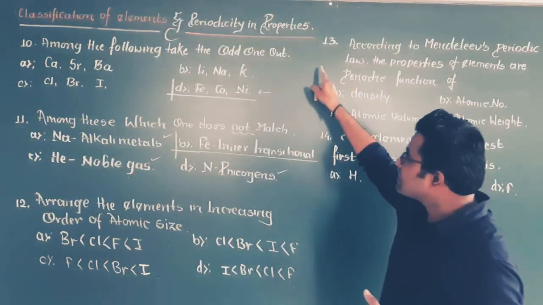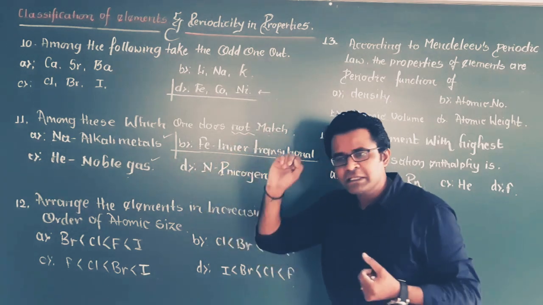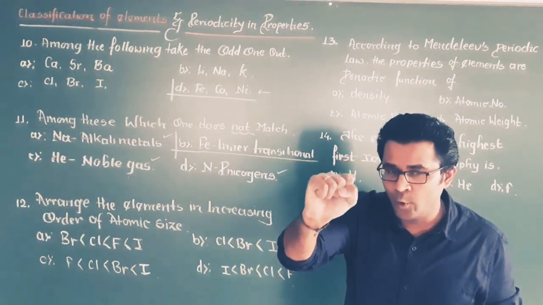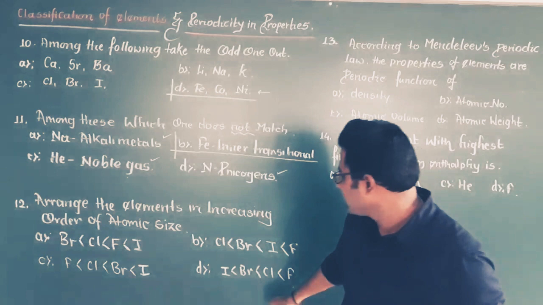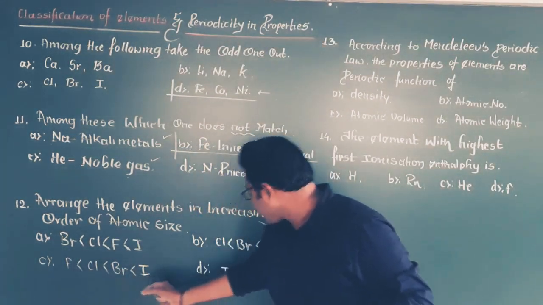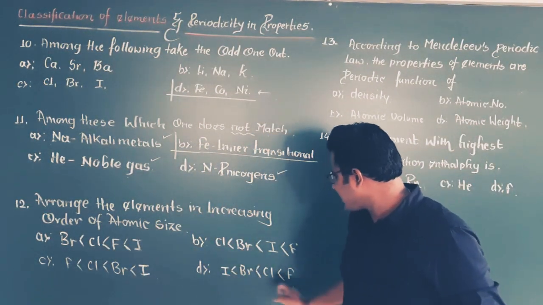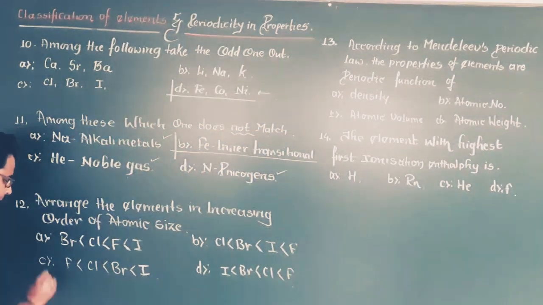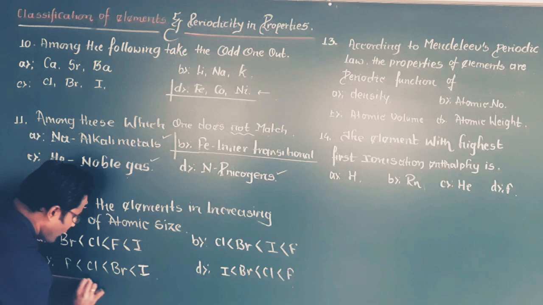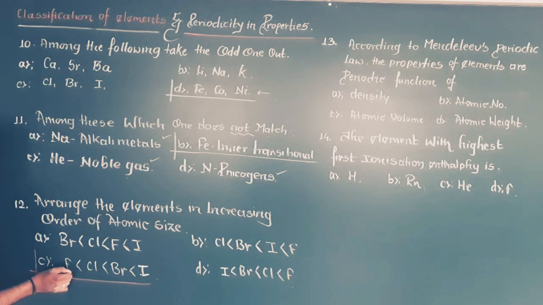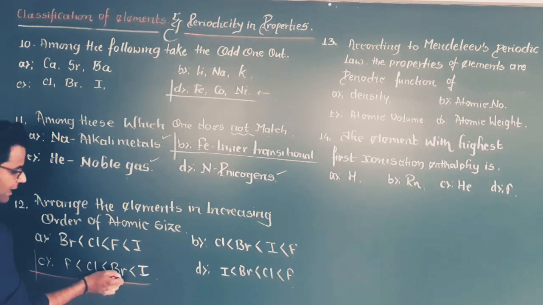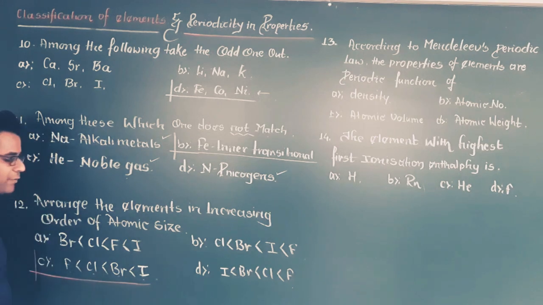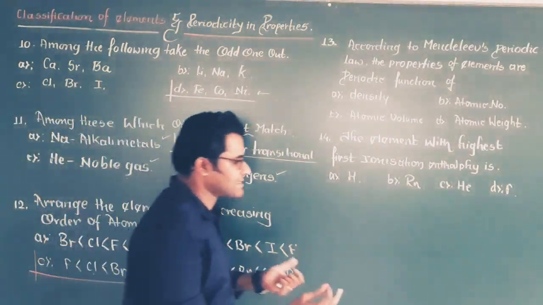So, let's observe the particular option starting with fluorine, ending with iodine. Okay, fluorine, iodine. So here is an exactly opposite one. So therefore, the answer is C. Fluorine is the smallest, followed by chlorine, followed by bromine, and finally iodine. Iodine is having the biggest size.